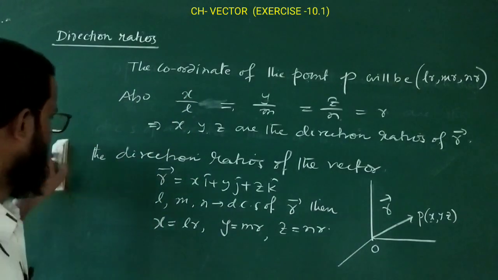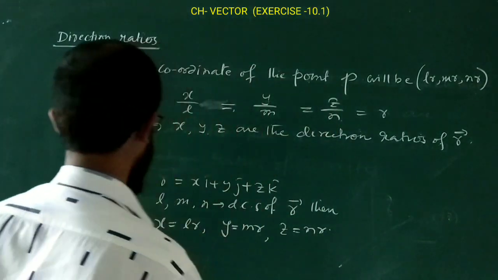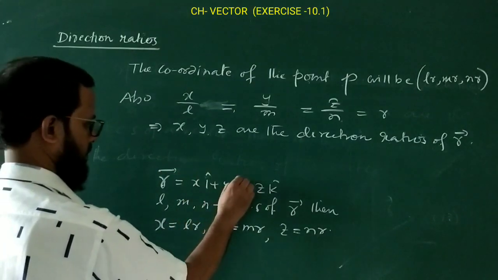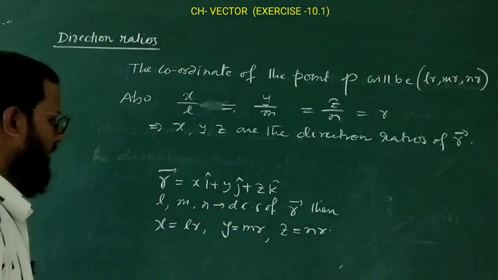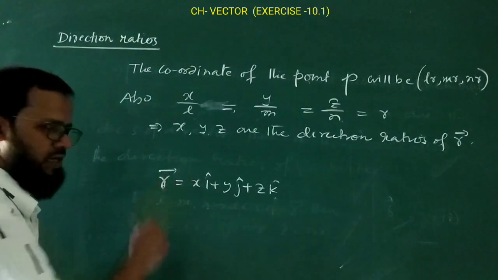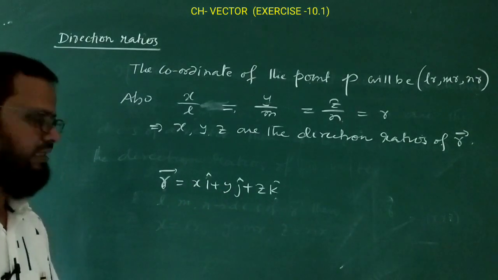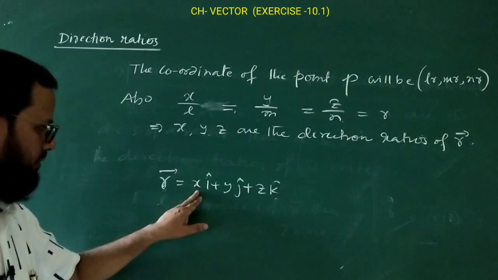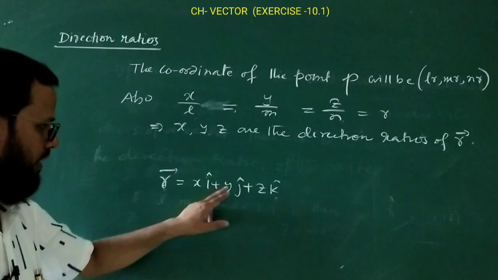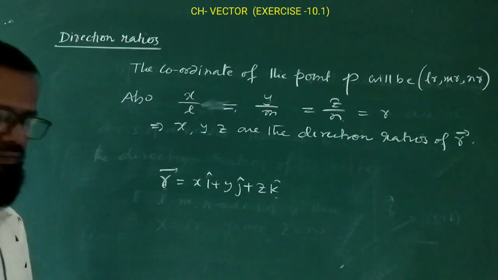So what interesting thing do you observe? Very, very interesting. This is your r vector. So if any vector is given, the first observation is that the coefficients of i, j and k, that is x, y, z, are called the direction ratios of the vector.